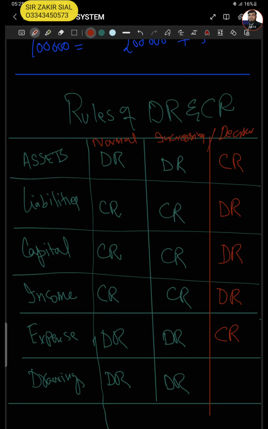If decreasing, then the opposite side, on the credit side. These are the rules of debit and credit which we have to memorize, and then we can use these rules for recording the transactions.